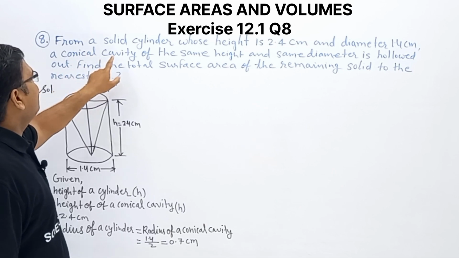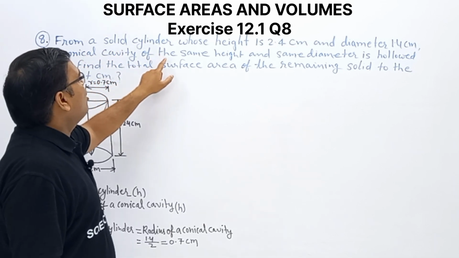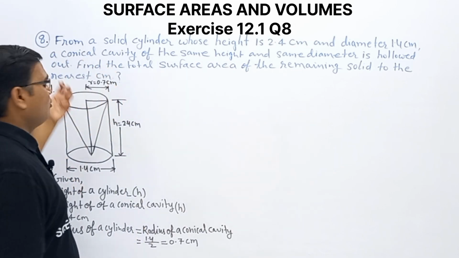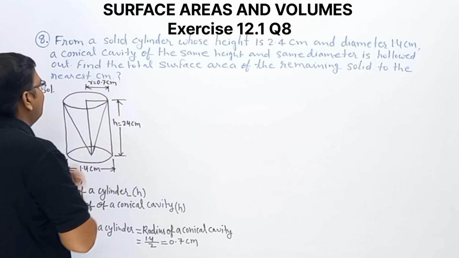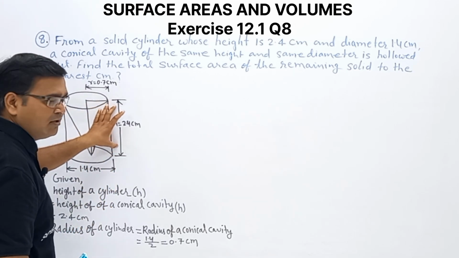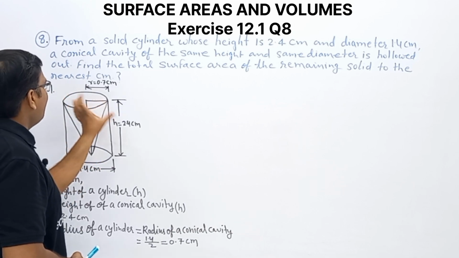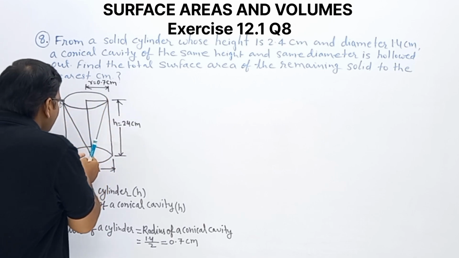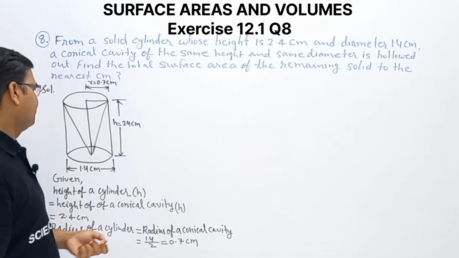A conical cavity of the same height and same diameter is hollowed out. What are we doing? We have a solid cylinder, and from this one, a conical cavity of the same height and same diameter is hollowed out.